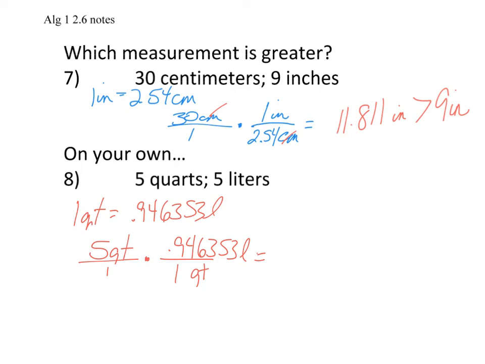And when I calculate that in my calculator, I'm going to get 4.731765, something like that, liters. So 5 quarts is actually equal to a little less than 5 liters. Okay, so that is less than 5 liters.